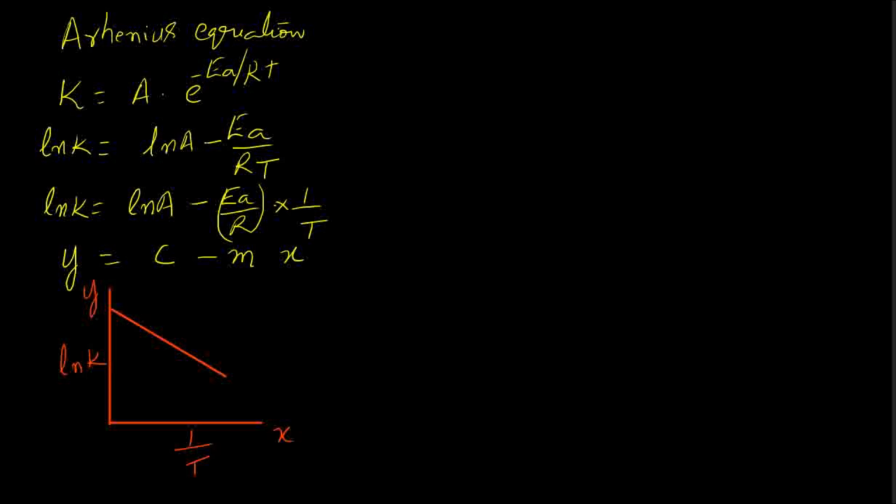The slope equals minus Ea by R, and the intercept is ln A. So for this Arrhenius equation graph, ln k equals ln A minus Ea by R into 1 by T, the slope gives minus Ea by R. Ea is the activation energy, 1 by T is the temperature term, and this is ln k.